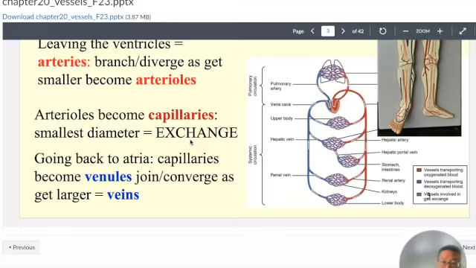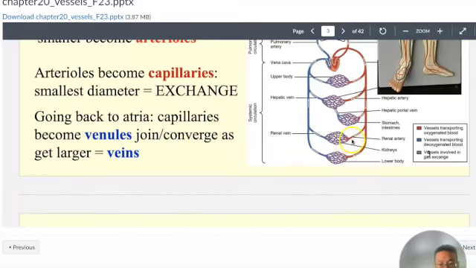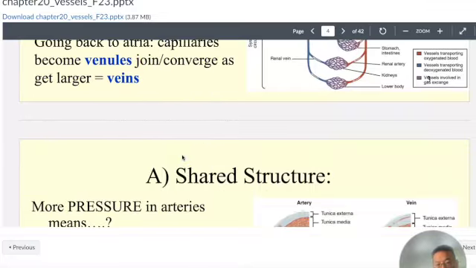Only one blood cell can go through. Okay. Now, so it goes here, arteriole, capillaries here, and once it gets through, it's going to become bigger again. Capillaries become venules, and it becomes veins. Okay, that's easy.